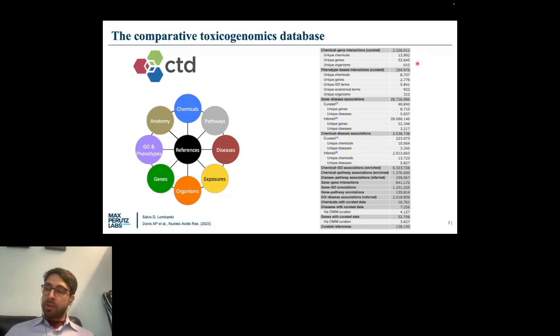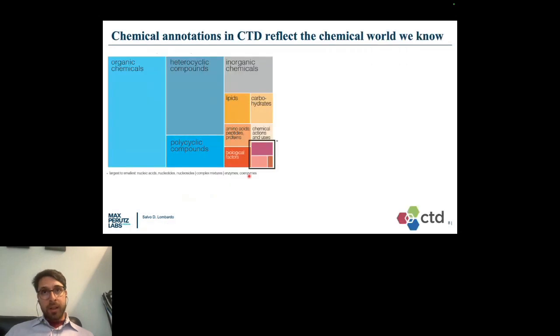They have a lot of other information as well, such as anatomical site, organism, and so on. But what we used in this study was just the chemical-gene interactions in humans. The way we did that, as you will see in a minute, is that we created a bipartite graph, which I don't want to spoil because it's in the next slides, that allows us to connect the chemicals to the genome.